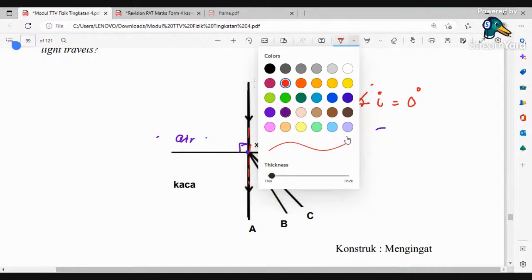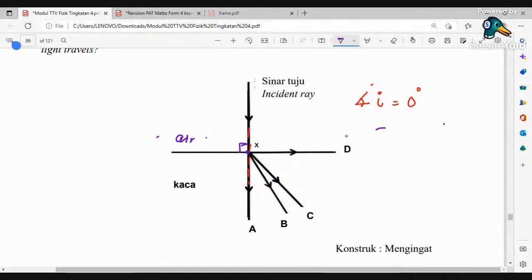Okay, if you apply Snell's law, which is sine I over sine R equals to constant or n.